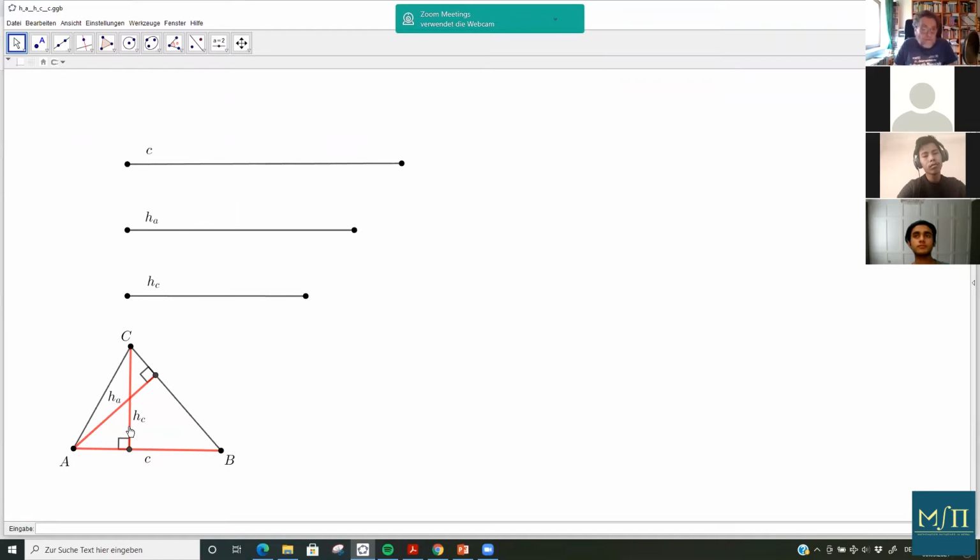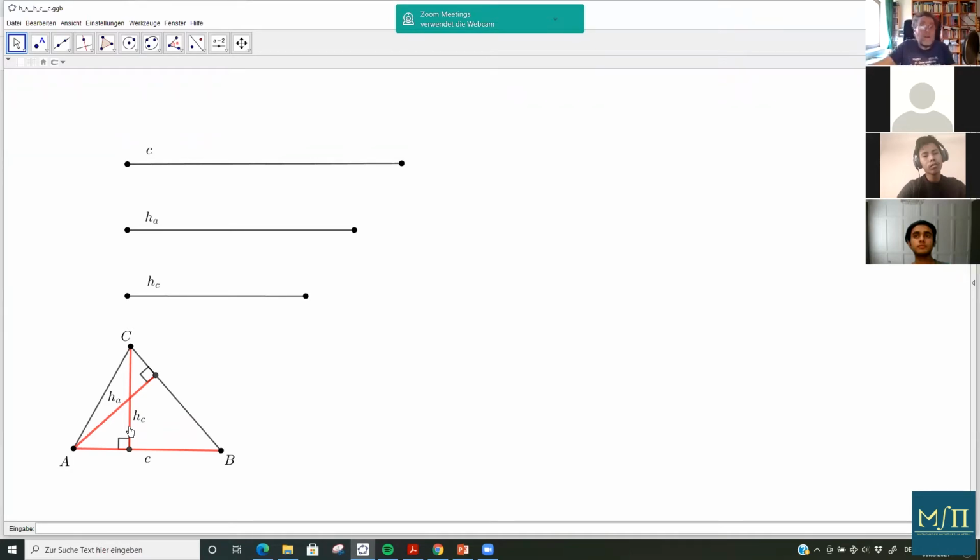There are lots of methods that we could have and lots of places where we could start, but essentially it's usually a good rule of thumb: if we don't know where to start and we have a side available, a length of the side available, it's a good idea to just put the side somewhere and start off with the length of that side.